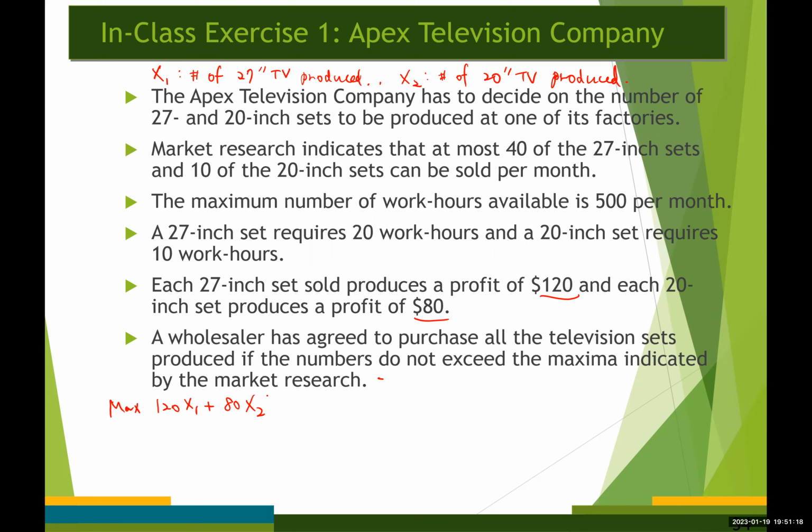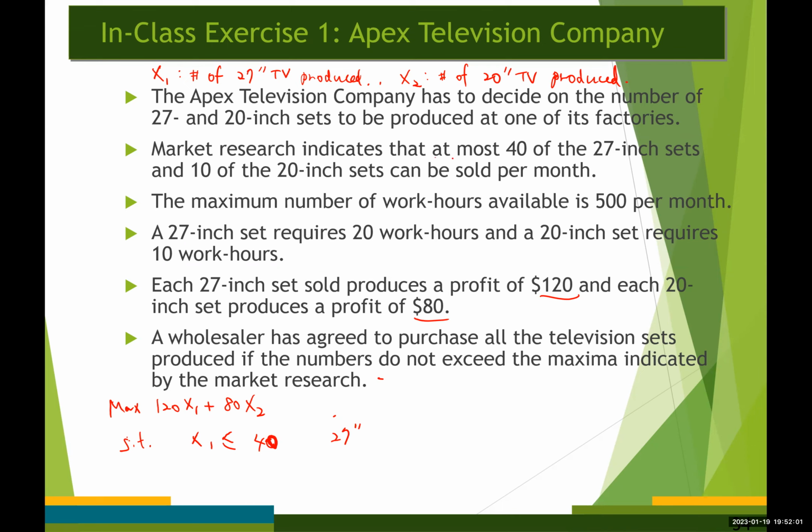And we do have resource constraints, right? So the first constraint would be x1 is less than or equal to 40. This constraint shows the number of 27-inch TV sets sold per month.